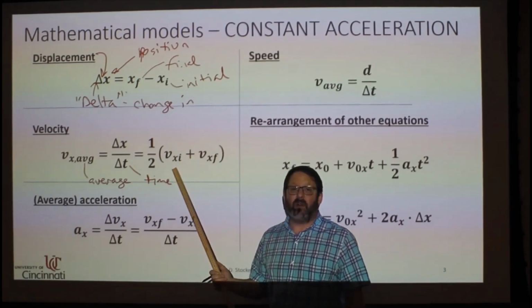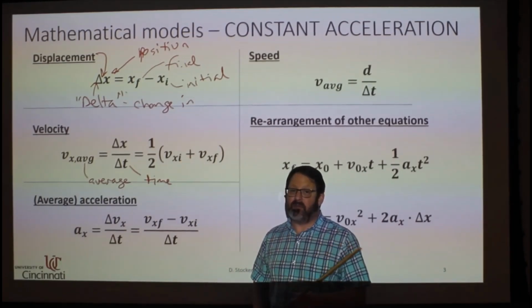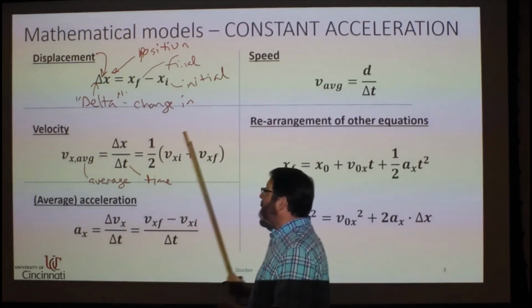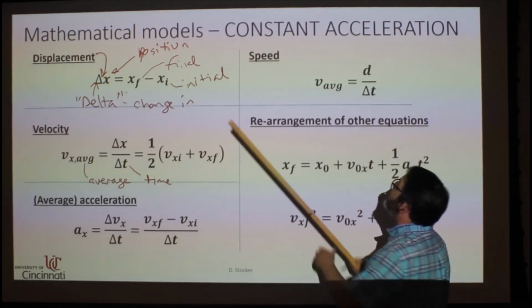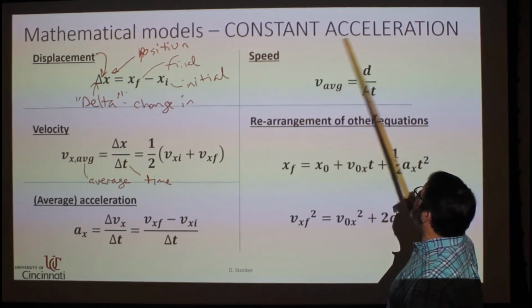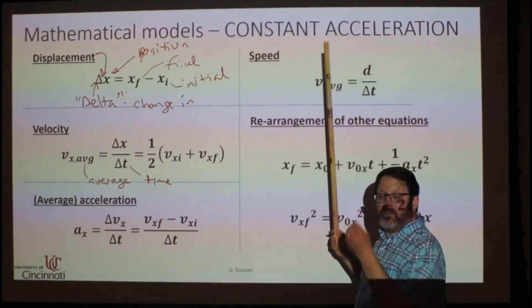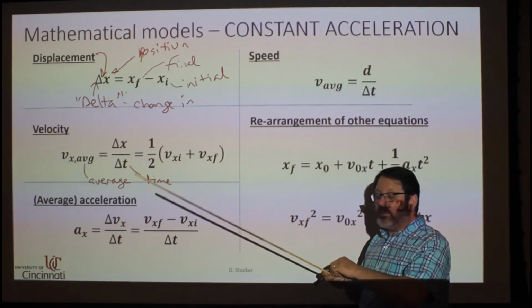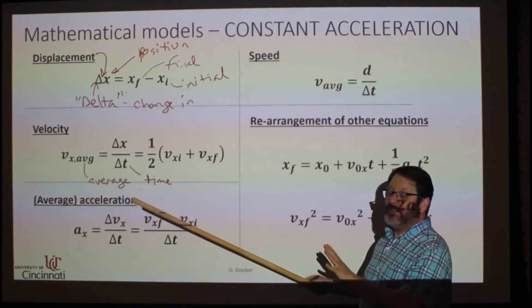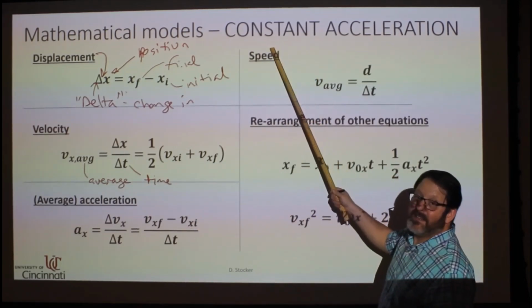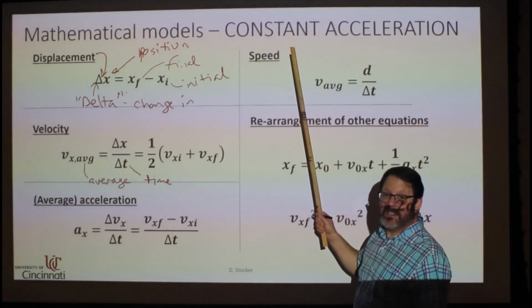This equation is not always true. Remember, these are mathematical models, and there are times when they're not valid. Something particularly important to remember is these are only true for constant acceleration. I gave examples before that if you look at something really, really small or something moving really, really fast, these equations don't work. Most of these equations don't work unless you're in a situation with constant acceleration.